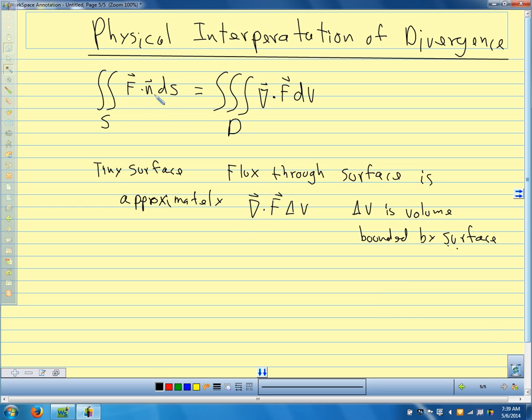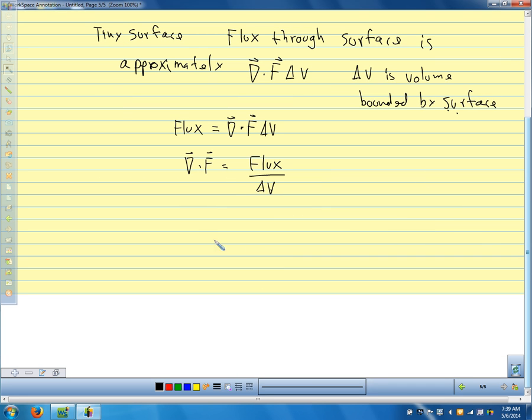So I'm going to write just in words: our flux equals the divergence of F times delta V. So our divergence of F equals the flux divided by delta V. If we let delta V become very, very small, so we take the limit as delta V becomes very small, this is the flux per unit volume.